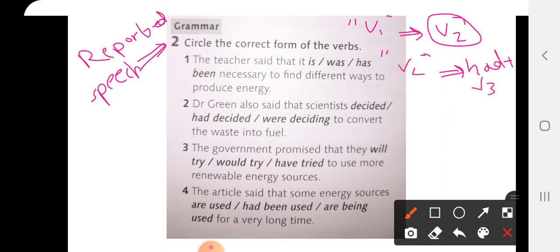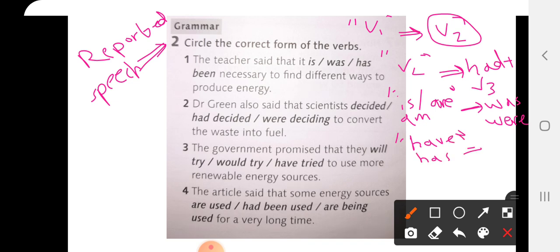Right? If we have is, are, it must be what? Was or were. Right? If we have here, for example, have or has, it must be changed into what? Had. Okay, so do you remember these points?